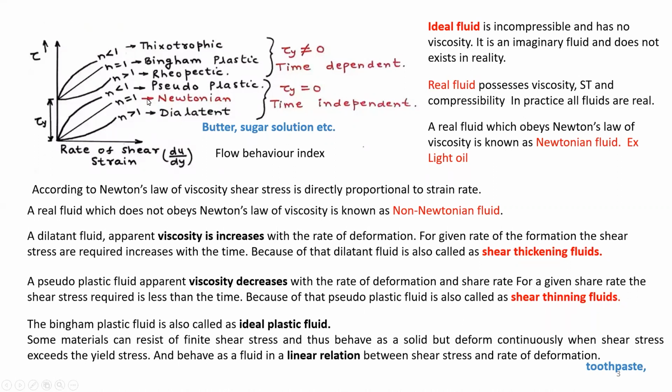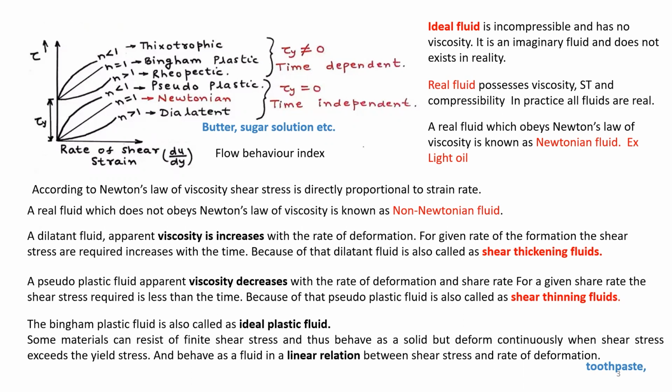In this class itself, we have dilatant fluids and pseudoplastic fluids. In a dilatant fluid, the viscosity increases with the rate of deformation. It is also called a shear thickening fluid.